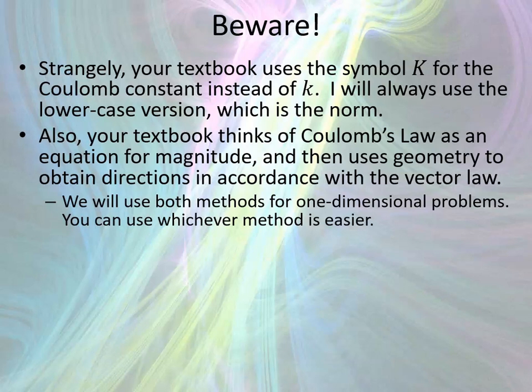If there are just two charges around, fine, use Coulomb's law to find the magnitude and then use geometry to figure out direction. But when you have more than two charges, especially a continuous charge distribution, it tends to be easiest to just put everything in vector form and let the math work itself out. But really, you can just use whichever method is easier.